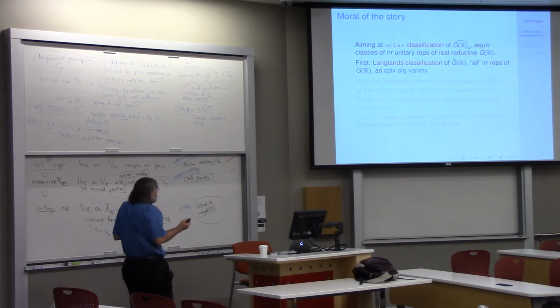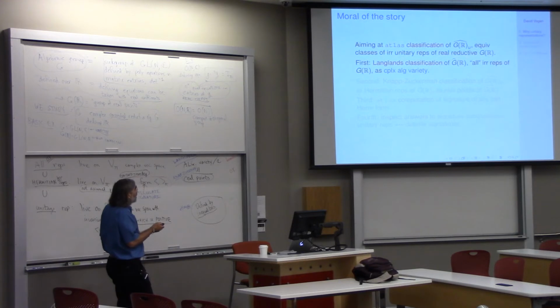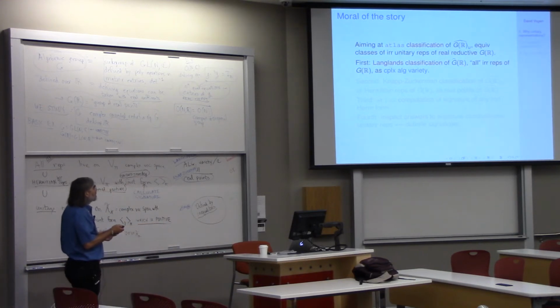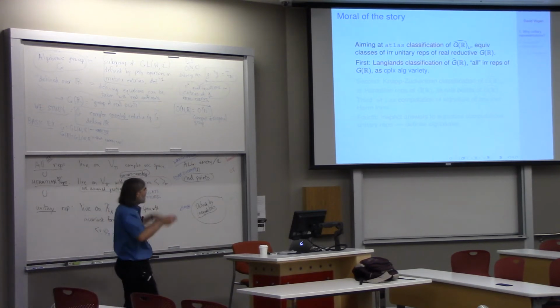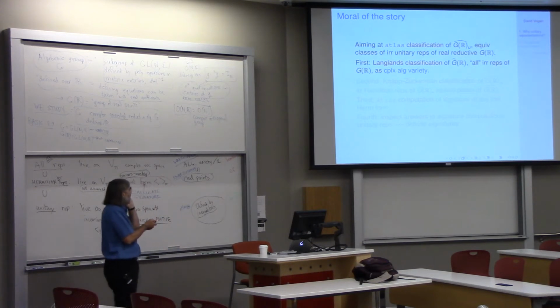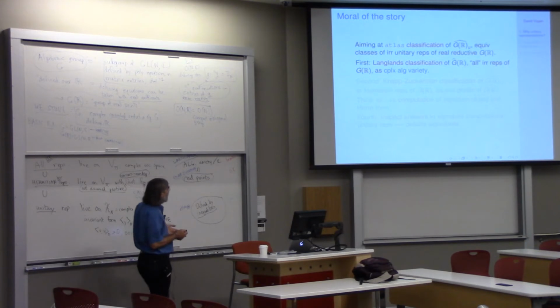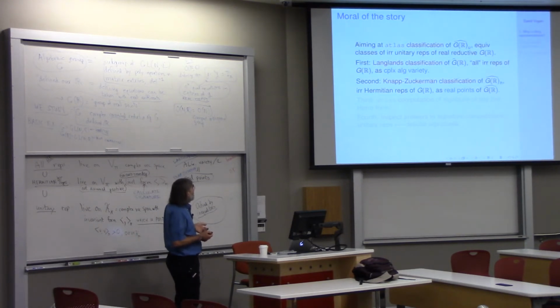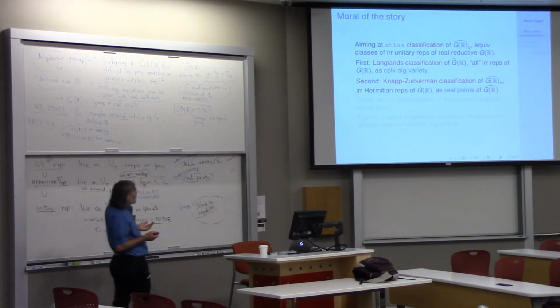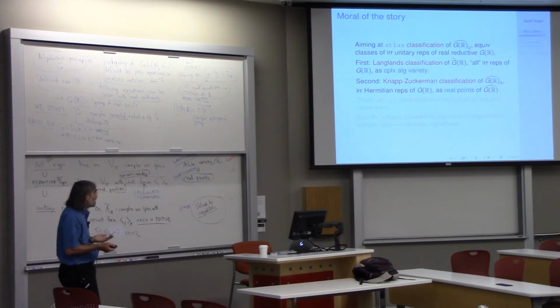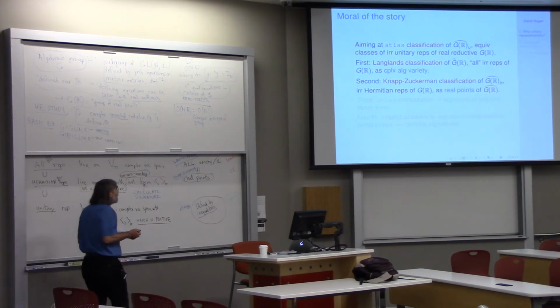I'm going to do this first by telling you about the Langlands classification of all the irreducible representations. Then I'll tell you about the Knapp-Zuckerman classification of the Hermitian representations.